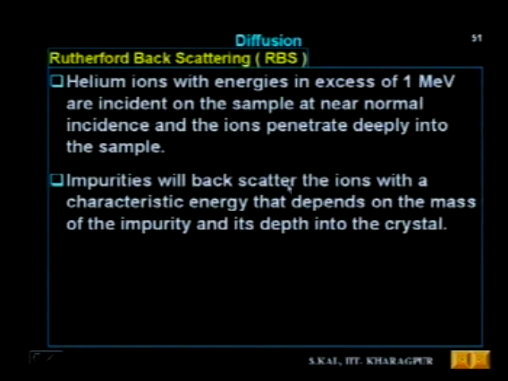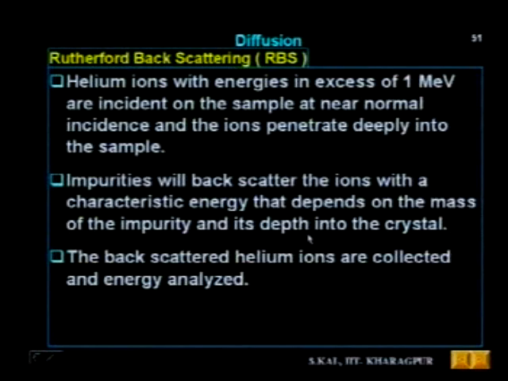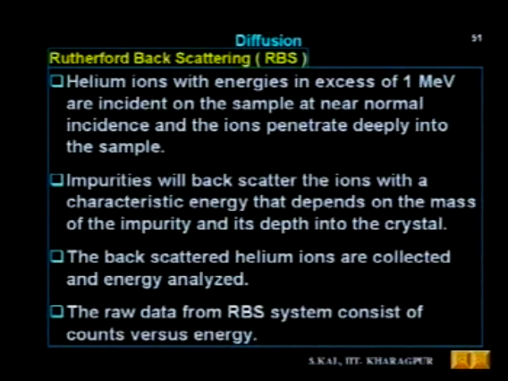So by analyzing the backscattered ion, you will have an idea of the mass of the impurity atom and its depth from the surface of the crystal. The backscattered helium ions are collected and energy analyzed, and from the energy analysis indirectly you can have the idea of the doping profile of the impurity atoms in silicon. The raw data from an RBS system consists of counts versus energy.